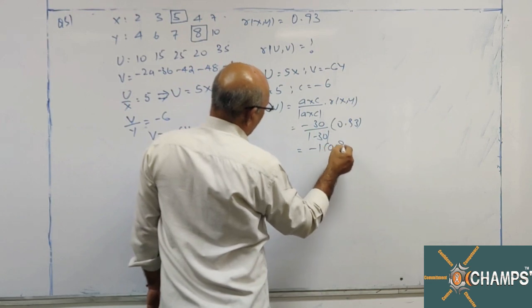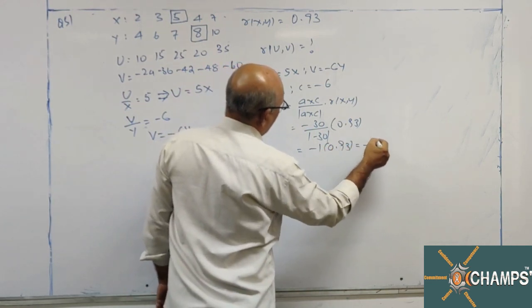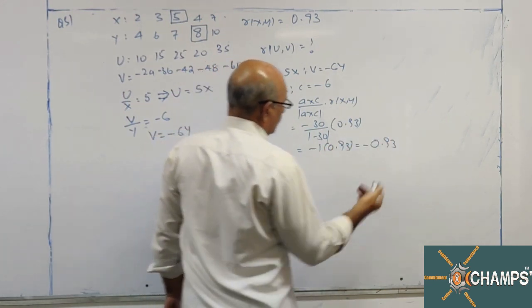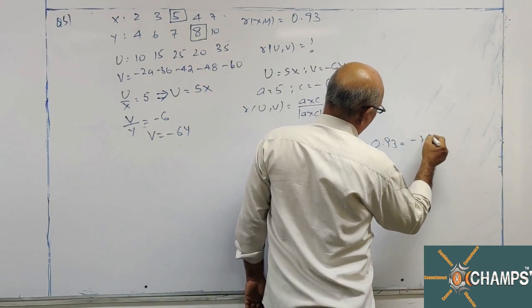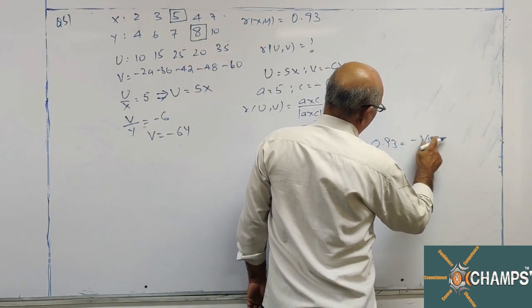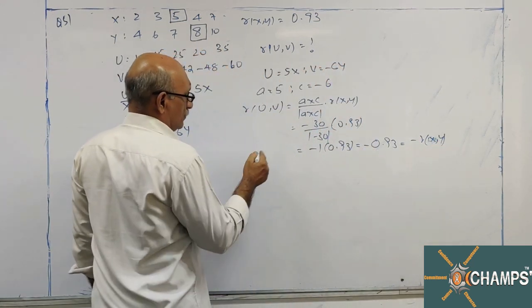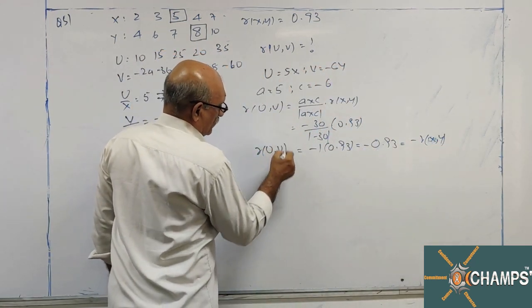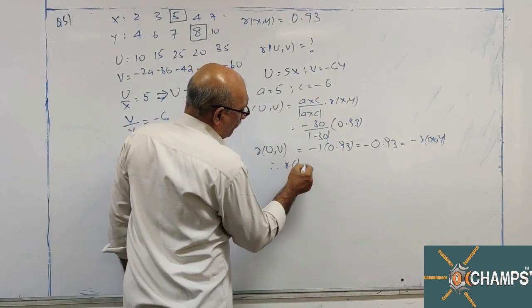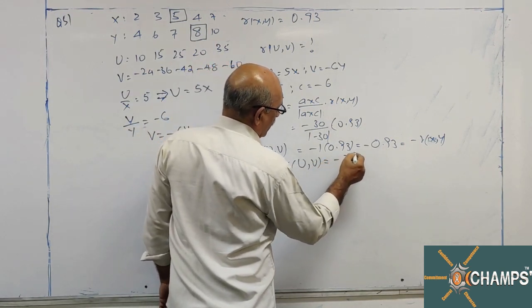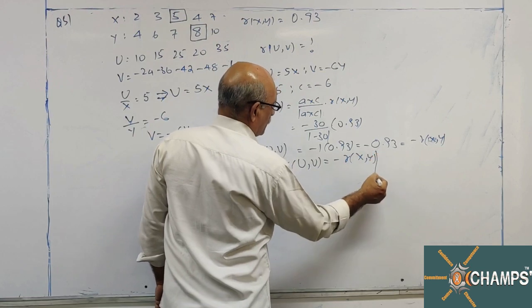Minus 1 into 0.93, this is minus 0.93, that is minus R of x comma y. Therefore, R of u comma v is equal to minus R of x comma y.